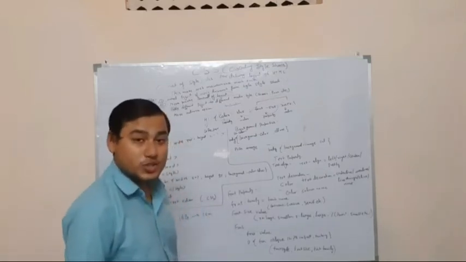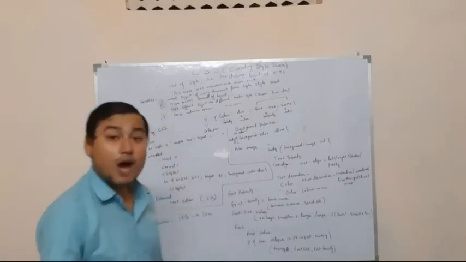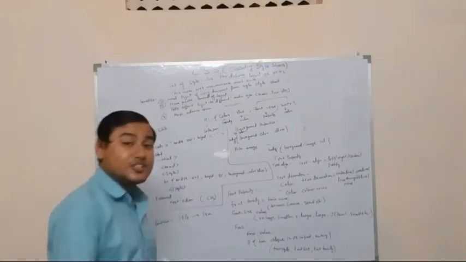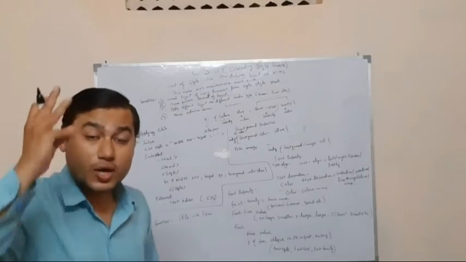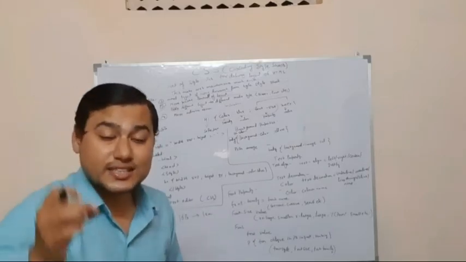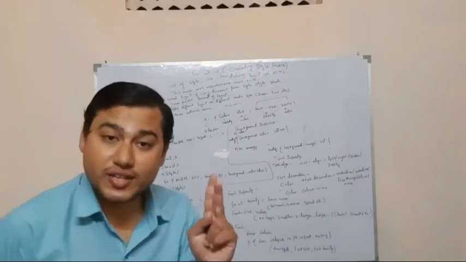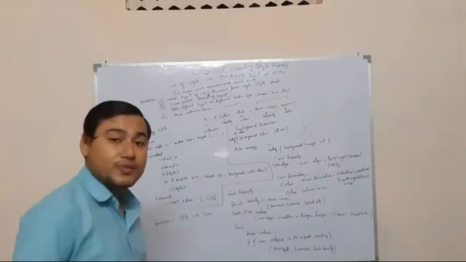Then after that you can use the CSS from outside. From outside you are using it, that is why it is called external. So you can apply CSS to a web page by three methods: the first one is inline, the second one is embedded, and the third one is external.